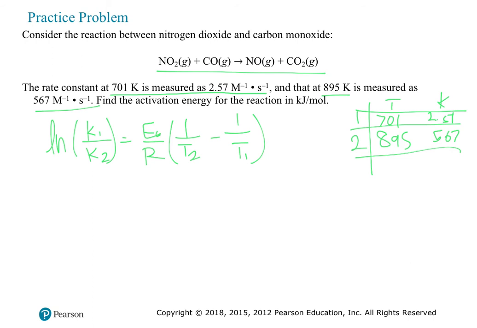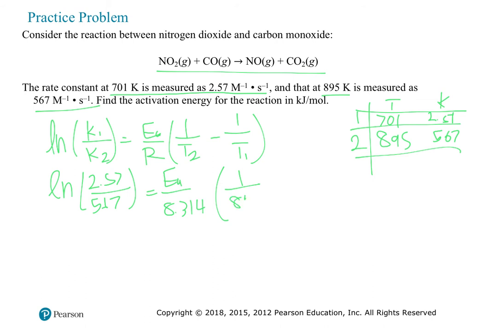So we'll just plug in ln of K1, 2.57, divided by K2, 567, equals Ea, that's what we're trying to find, divided by R, 8.314, times 1 over T2, 895, minus 1 over T1, 701.